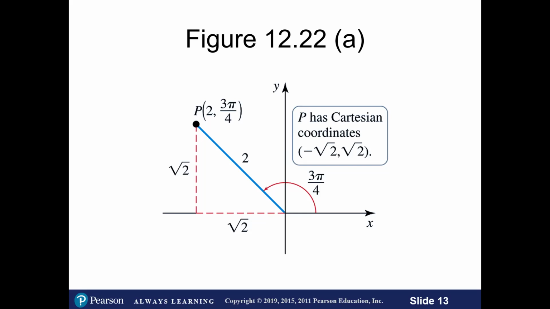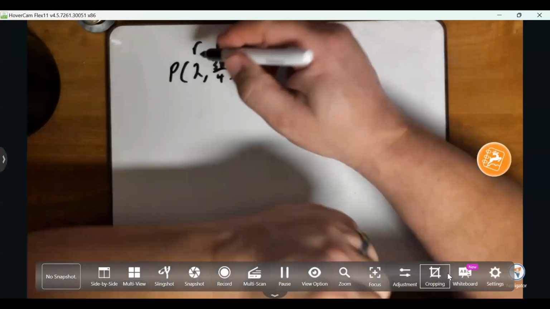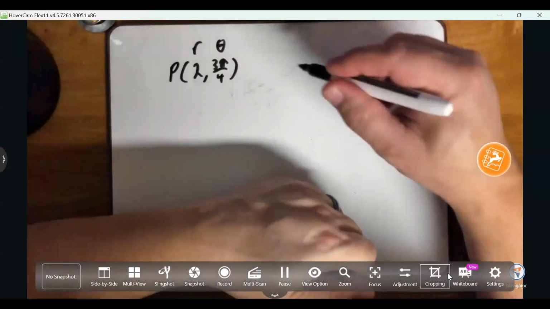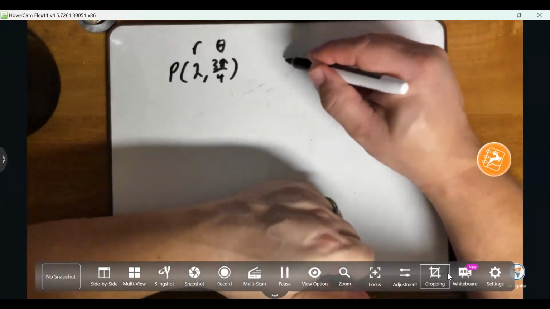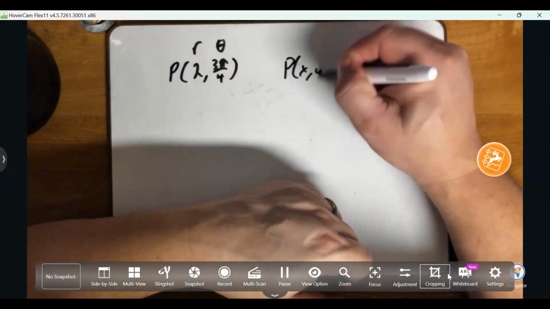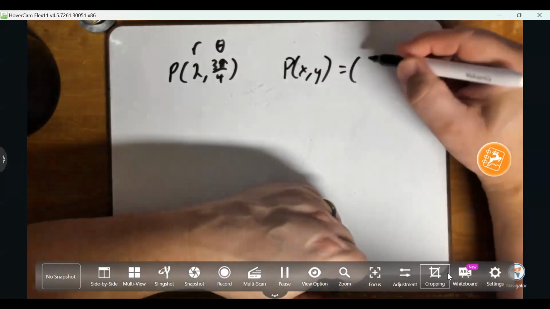So we expect a positive y and a negative x, just as a reality check. So let's do this.